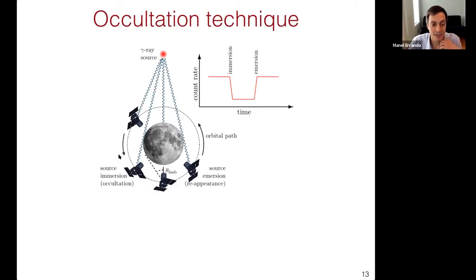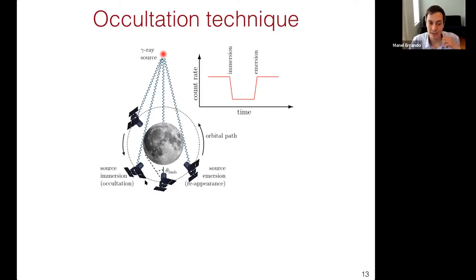But if I have it circling the moon, then imagine that there is a gamma ray source somewhere here. As the satellite goes behind the moon and loses sight of this gamma ray source, the count rate, the amount of gamma rays that my detector sees, would immediately drop, right? At the moment when the detector goes behind the moon, it's not going to see this gamma ray source anymore, so the rate would drop.